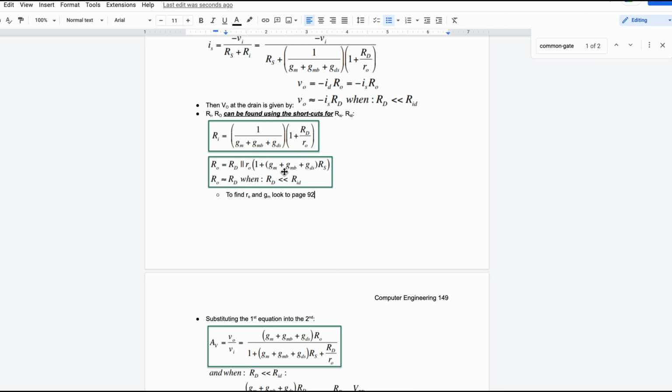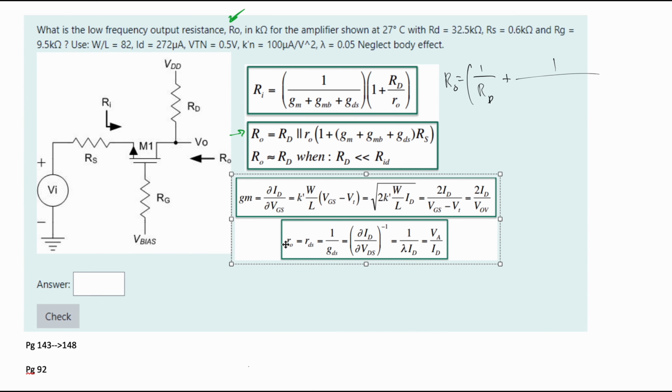So to find our r naught and our gm, we're going to look at page 92, and on page 92 we have this equation right here. So we need to use it. What we're going to end up using is this one right here, since we have all of the correct values. We're going to want to set our gm equal to the square root of 2 times the K prime times our W over L times our ID.